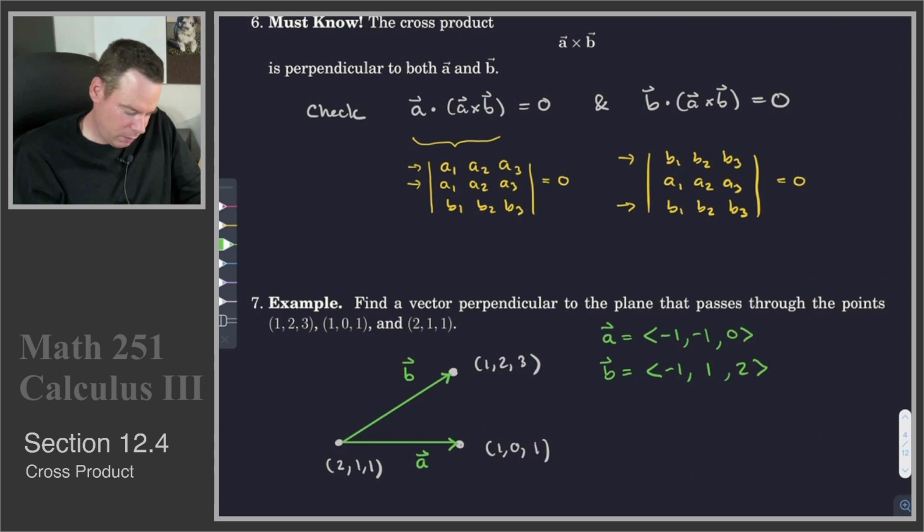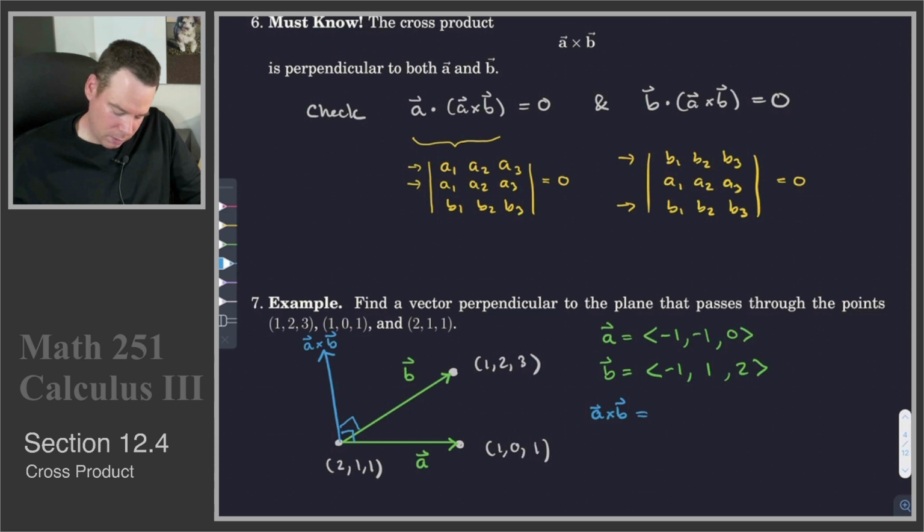And now I want to find a vector that's perpendicular to these two. Well, that means I'm interested in a vector like this, where I've got right angles with each of those. And I can get that vector by taking A and crossing it with B, because that will give me a vector that's perpendicular to both A and B. So let's go ahead and compute the cross product.